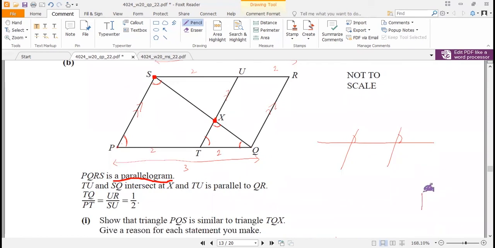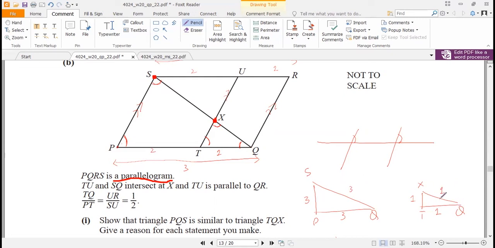If we have a triangle XTQ, and another triangle PQS, as we have already proved that these two are similar, it means that if PQ is 3, XT is 1, so SP will be 3, because the ratios of all the sides will be the same.